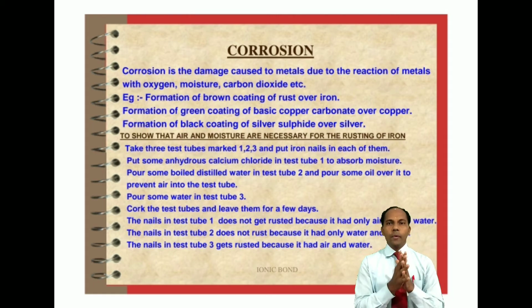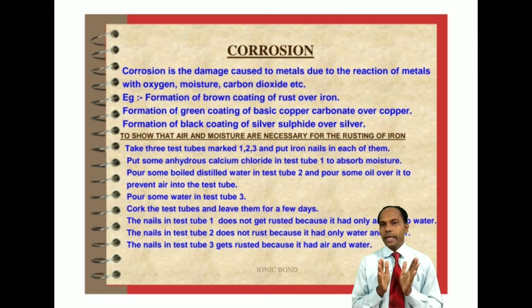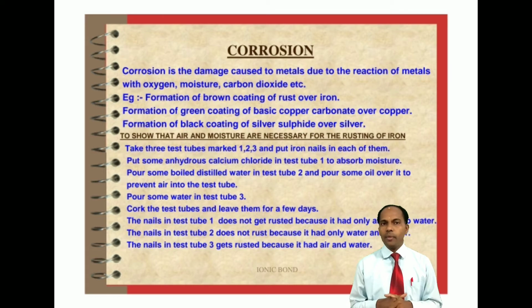Now, how to test? We have to show that air and moisture are necessary for the rusting of iron. Rusting of iron is another example of corrosion.